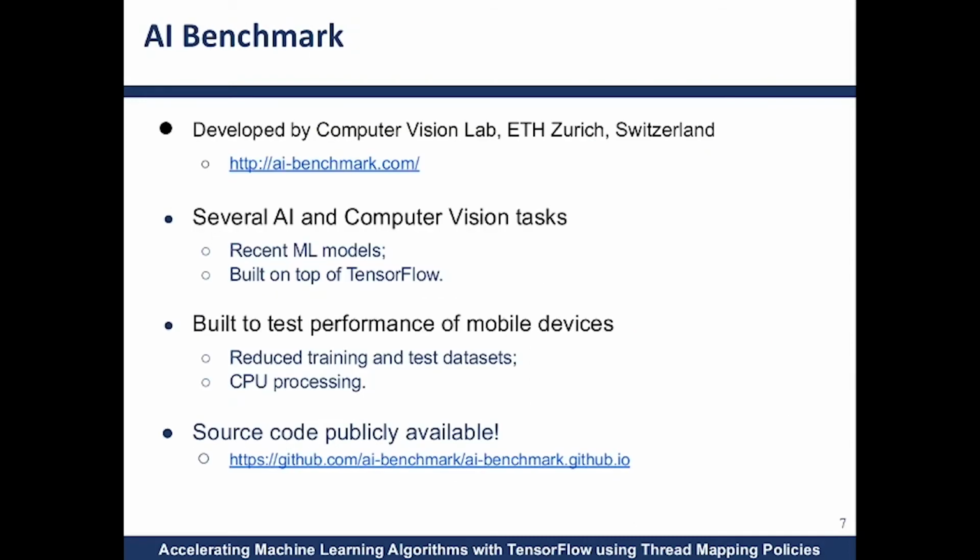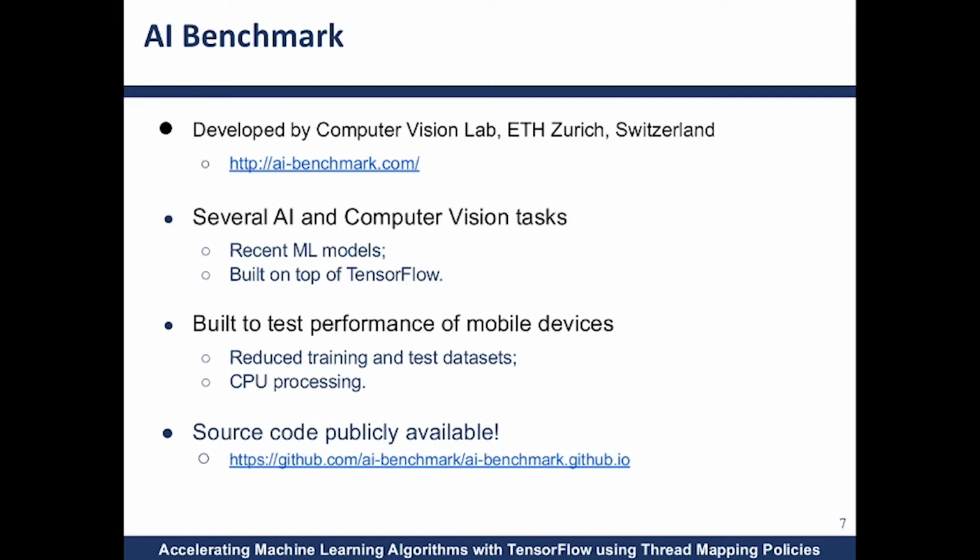And for the machine learning applications, we use a benchmark called AI Benchmark, which comprises several artificial intelligence and computer vision tasks. They use recent machine learning models, and this benchmark is built on top of the TensorFlow library, which I forgot to mention.